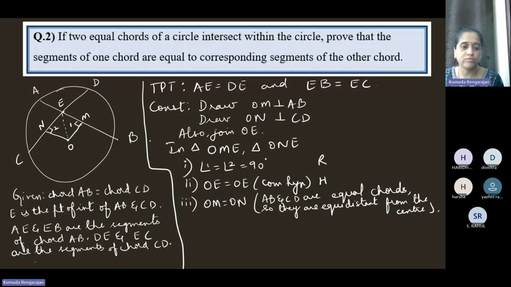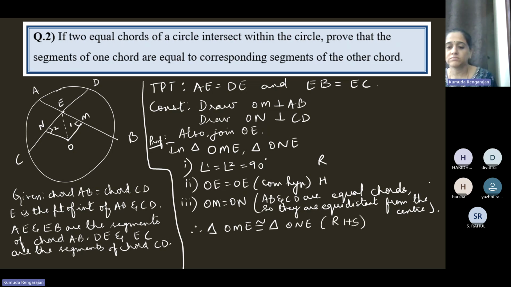Yeah, this is the proof. Therefore, triangle OME is congruent to triangle ONE by the RHS congruence criterion. ME is equal to NE by CPCT.